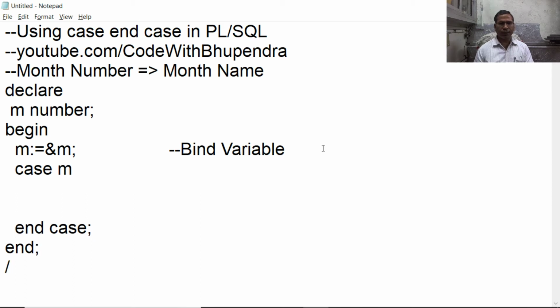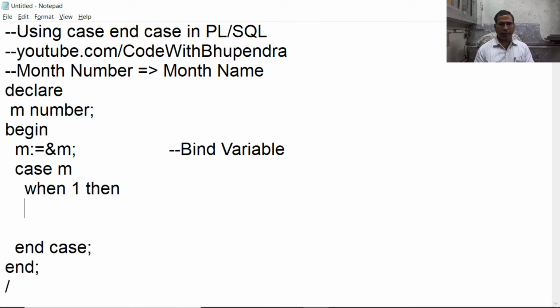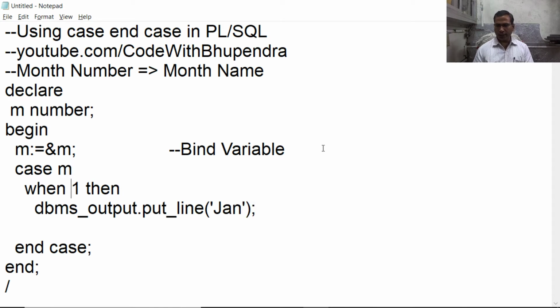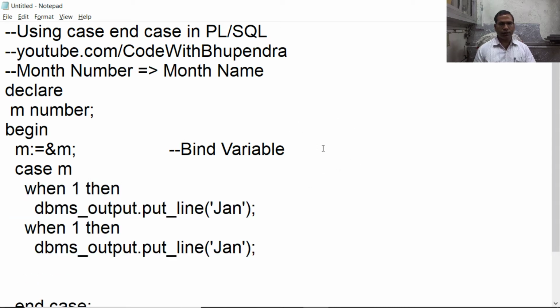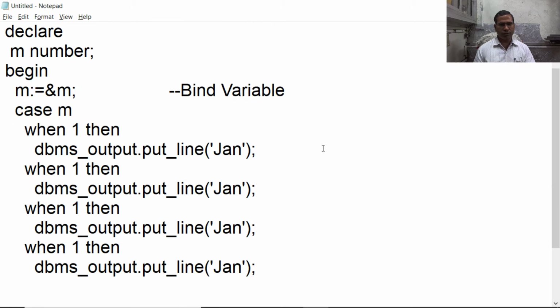Now inside CASE and END CASE, we have to write WHEN and the possible value. So when 1, then I want to display January. Similarly, we have to write a few more WHEN clauses like when 2, when 3, and so on.